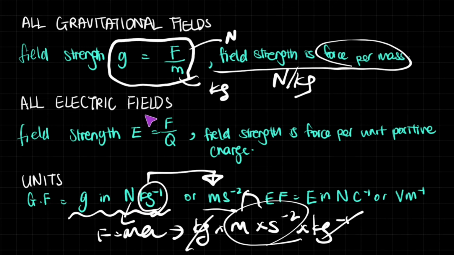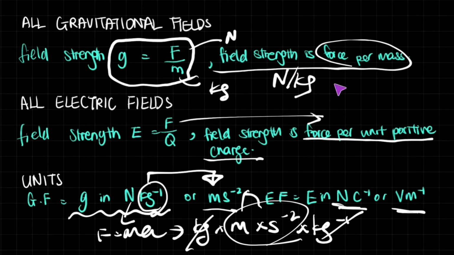For electric fields, the field strength is denoted by a capital E. That is the force over charge, force over coulomb. The field strength is force per unit positive charge, and this is newtons per coulomb, or volts per meter. There is an alternative equation for the field strength of an electric field.